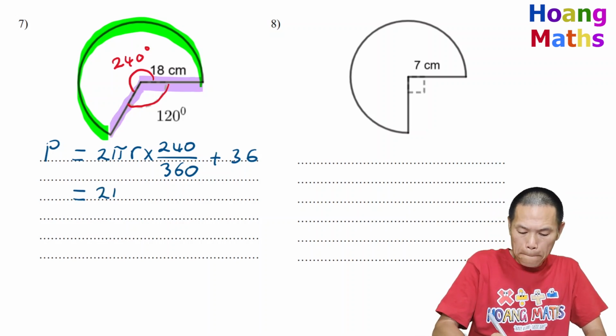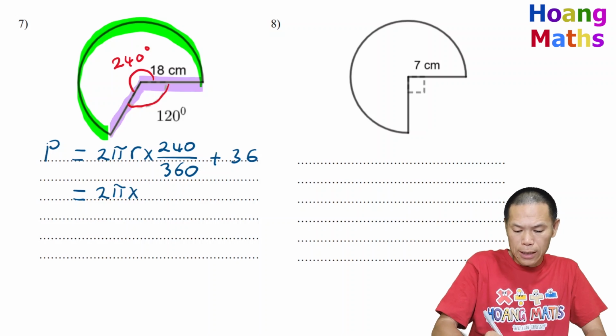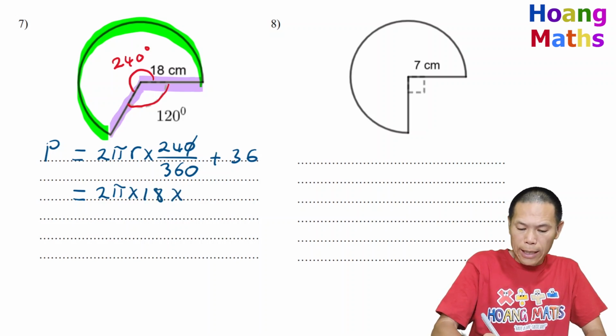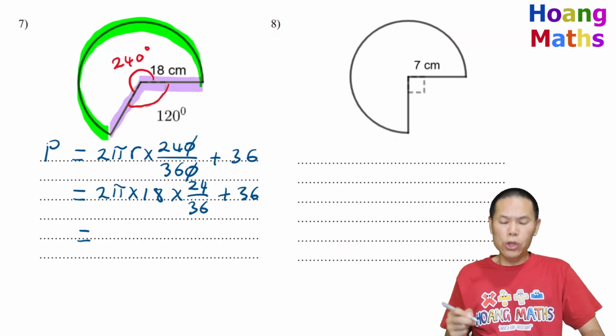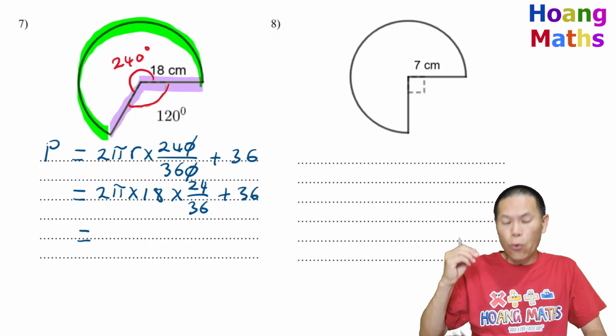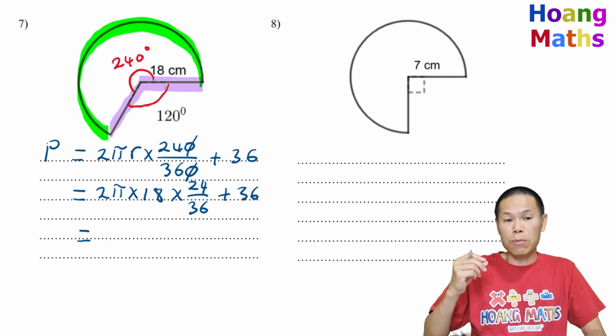So 2 pi times the radius, that is 18. And then we times, so I can cancel this 0 out, make it easier. I just write 24 out of 36 first, okay? And then we add 36. Of course, you can just rewrite 240 out of 360. It doesn't really matter.